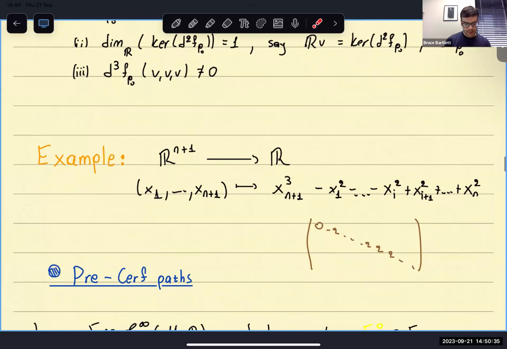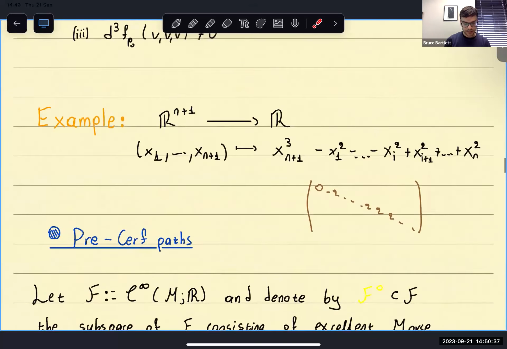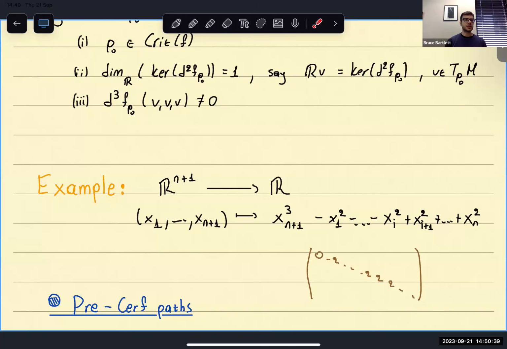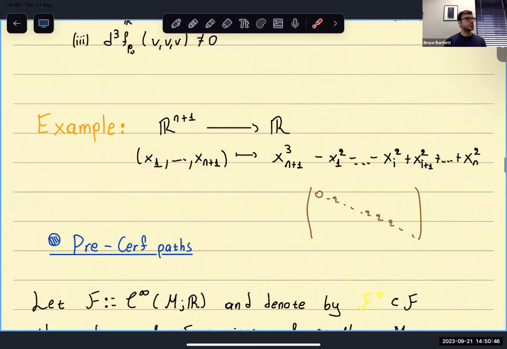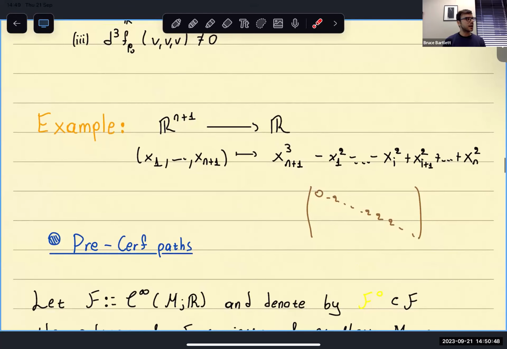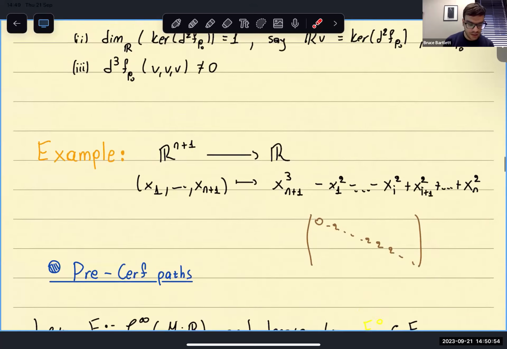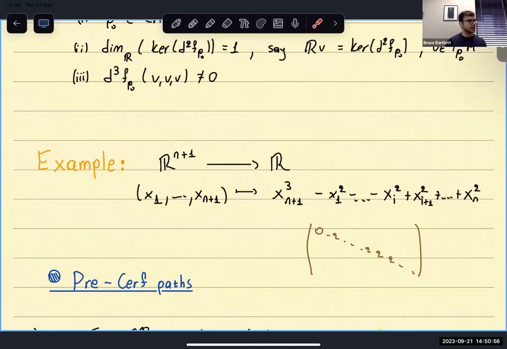Okay. So this is a point where now we can start introducing Cerf paths. Do you think it's wise to do that now or take a break and do it afterwards? Because this is about the time when I promised a break. Yeah, so let's take a break, and we're back in 10 minutes and we start talking about Cerf paths.